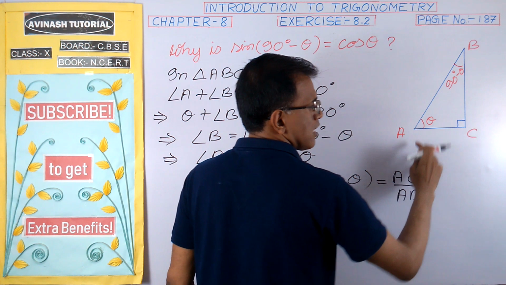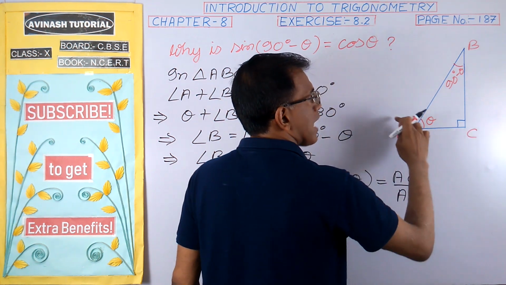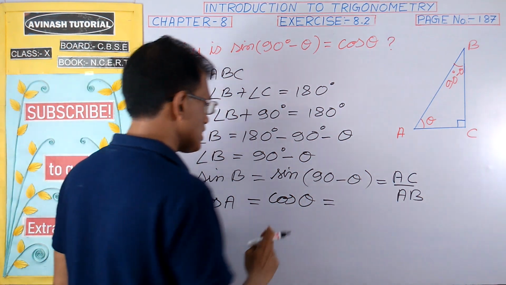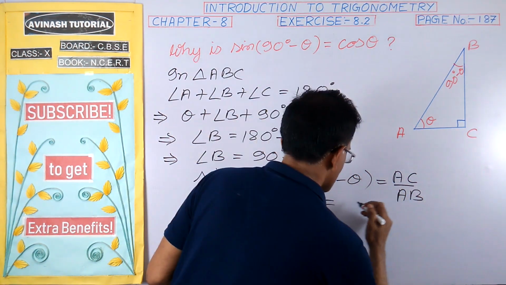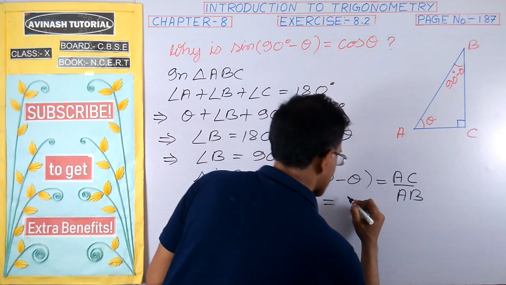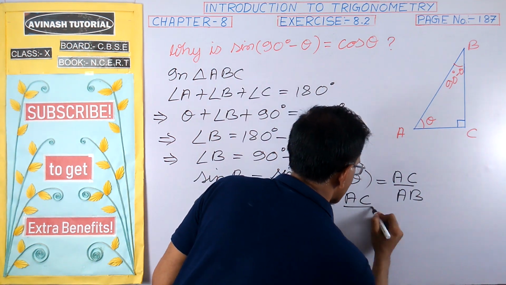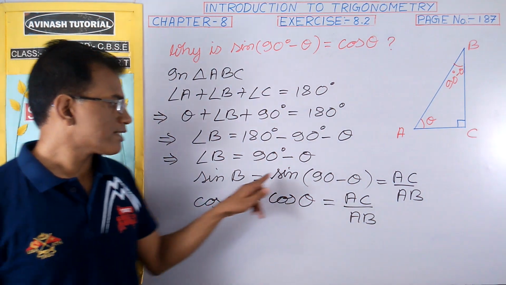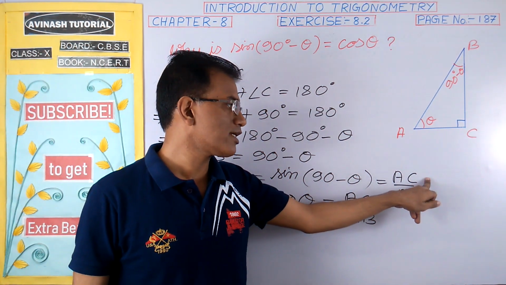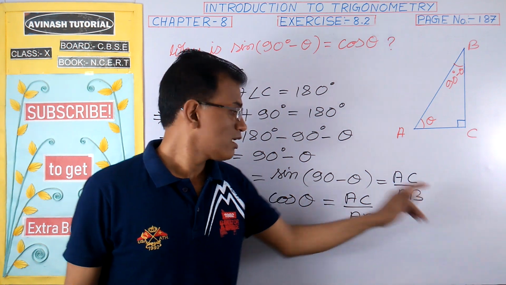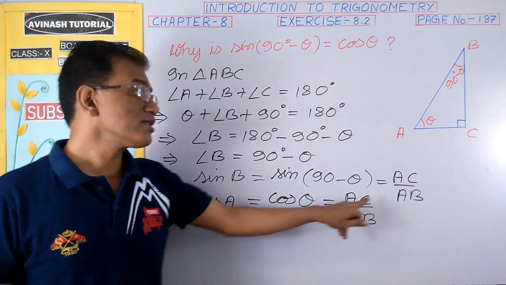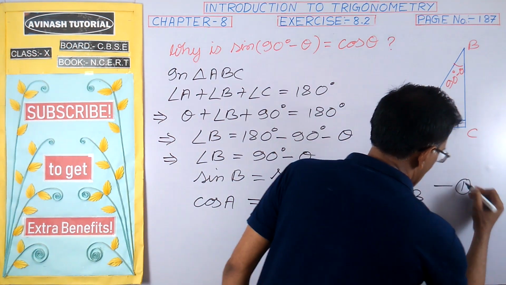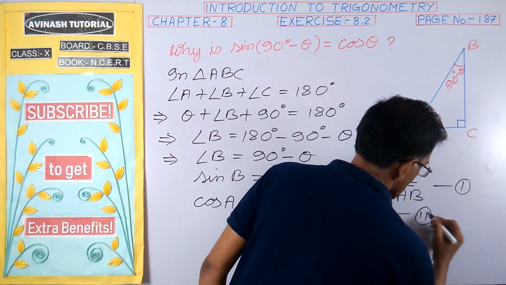Since this is theta, AC will be the base and AB will be the hypotenuse. So we will get cos theta is equal to base by hypotenuse, that is AC by AB. Now you can see here that sine 90 minus theta is AC by AB and cos theta is also AC by AB. Suppose this is our equation 1 and this is equation 2.